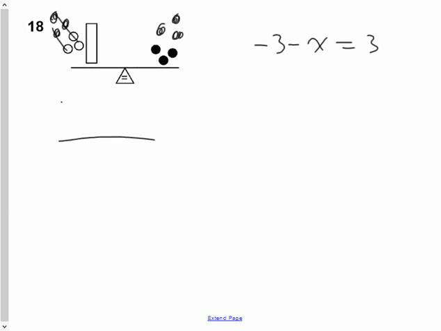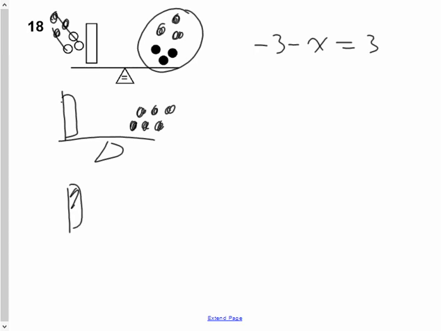My next picture has to be a negative x is equal to, now notice there's no 0 pairs here. A positive 3 and a positive 3 is just going to be a positive 6. Right? Positive 6. And if the opposite of x is positive 6, then a positive x must be equal to negative 6. And therefore the solution is x is equal to negative 6.